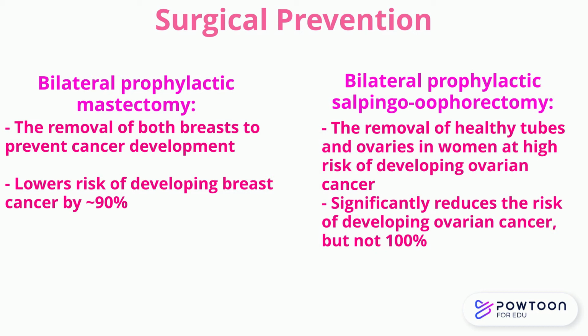To reduce risk of developing ovarian cancer, if you choose, you can have a bilateral prophylactic salpingo-oophorectomy. Like the prophylactic mastectomy, the prophylactic oophorectomy is also completely preventative. This surgery is the removal of healthy tubes and ovaries. After surgery, you'll stop menstruating. You may have normal symptoms of menopause.